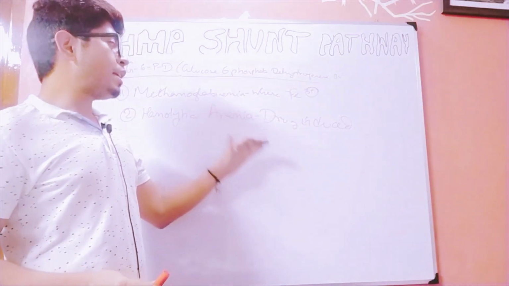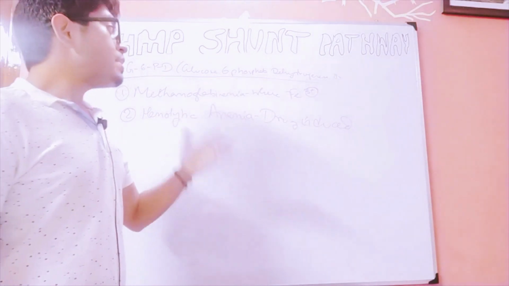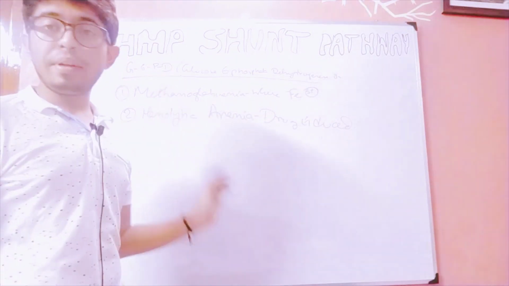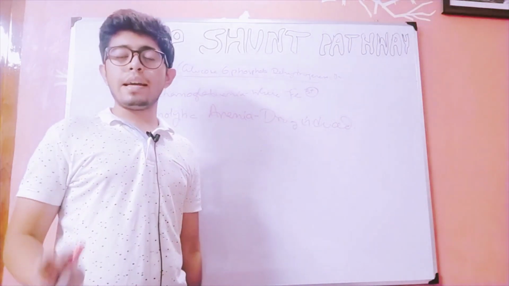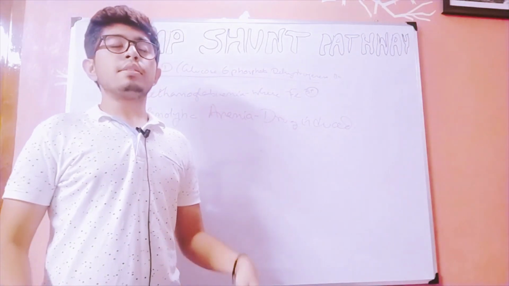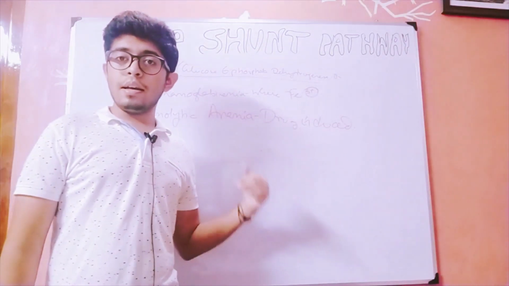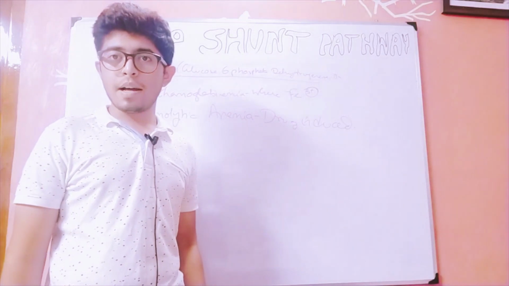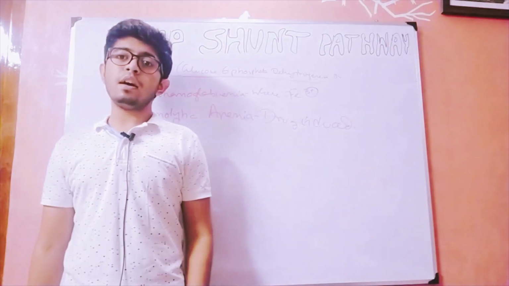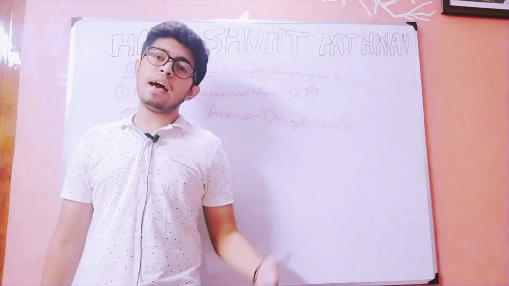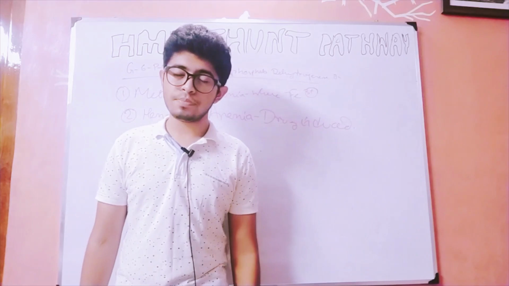If given these drugs, they may suffer from methemoglobinemia or drug-induced hemolytic anemia. So by this, I would like to conclude my session on the hexose monophosphate shunt pathway. In the coming lecture, we are going to focus on glycogenesis and glycogenolysis in glycogen metabolism.